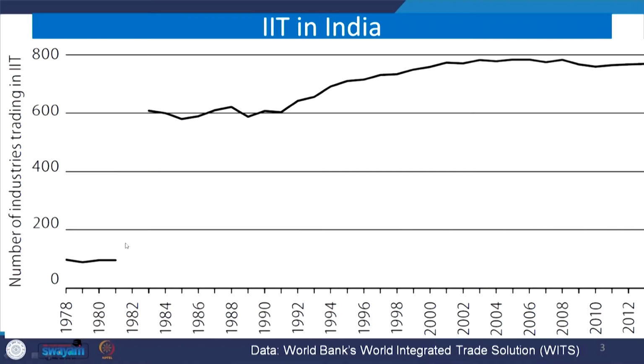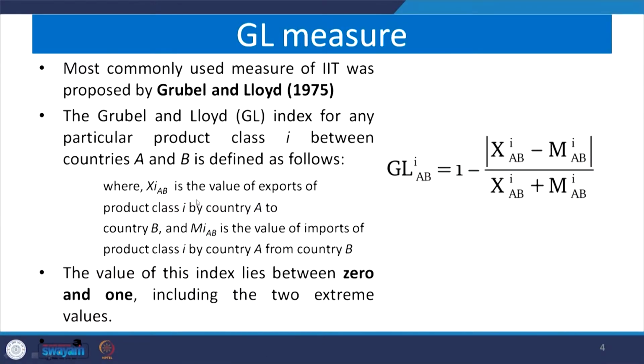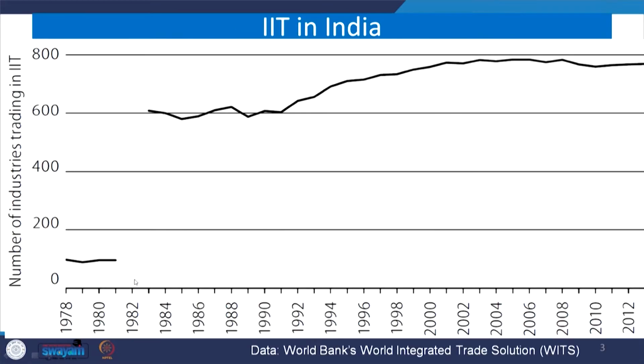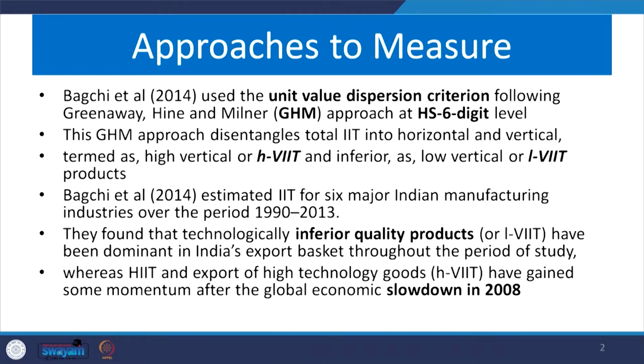Now, this GHM approach disentangles total IIT into horizontal and vertical directions, and more largely they divided it into two types, with the notations HVIIT and LVIIT.